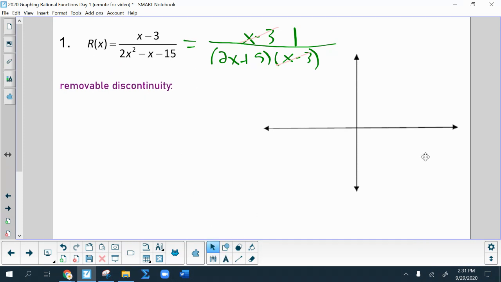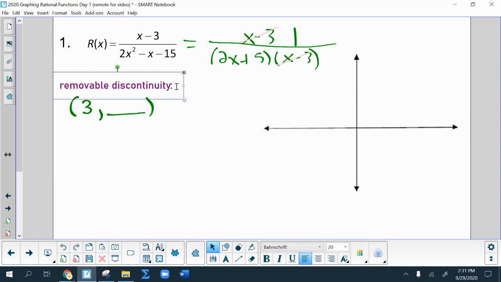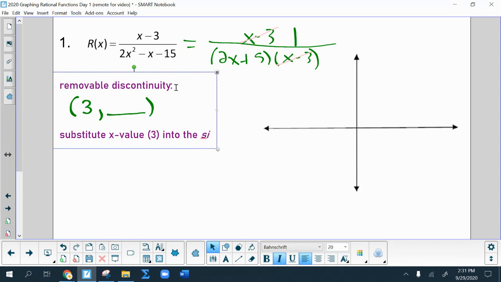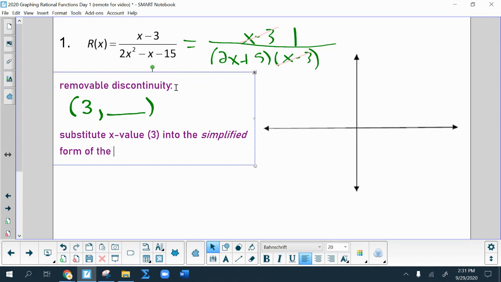Then we want to figure out what y value goes with the 3. To figure out that y value, you substitute the x value, in this case 3, into the simplified form of the function.